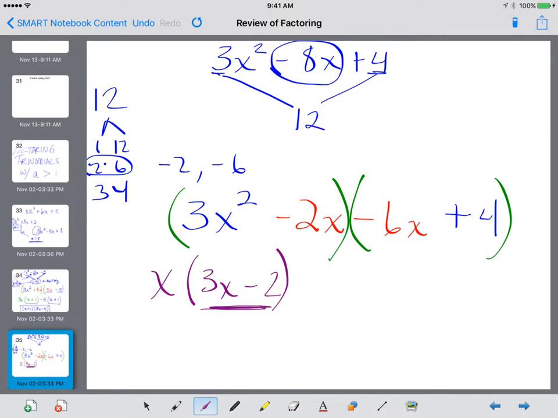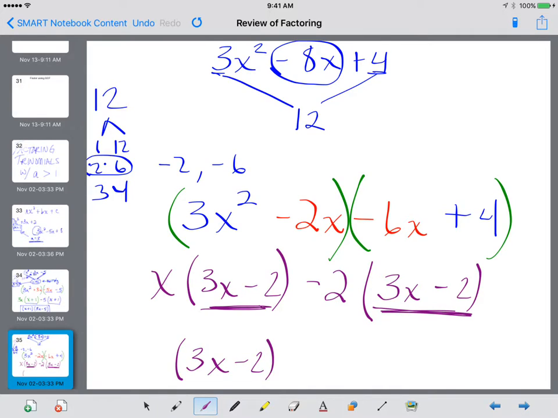I could factor out a negative 2, and I know it's negative because I want what's left inside to be positive 3x. If I factor out a negative 2 from negative 6x, I'm left with 3x. And if I divide a negative 2 from 4, I'm left with minus 2. And now they match. So my final answer is going to be 3x minus 2 times x minus 2.